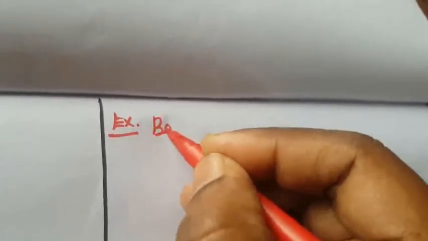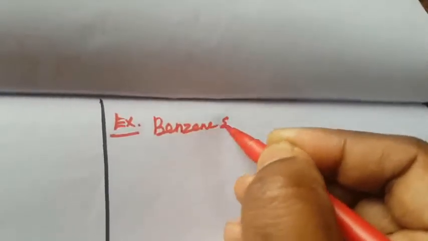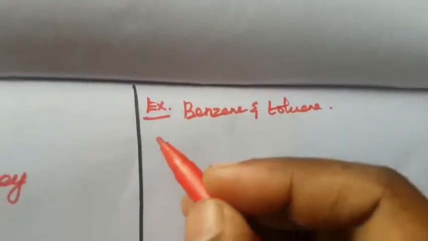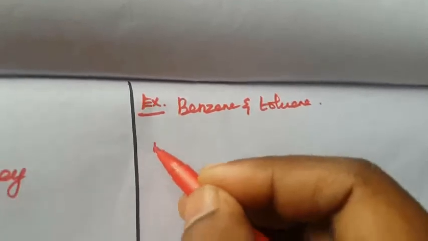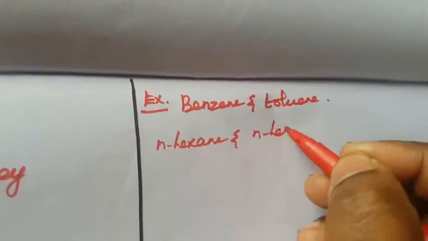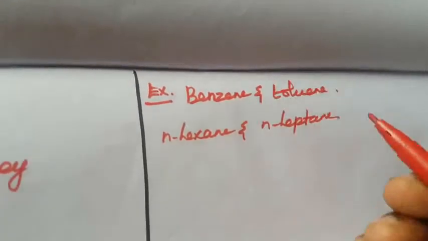What are the examples of ideal solutions? Benzene and toluene is one example. Another example is hexane and n-heptane.